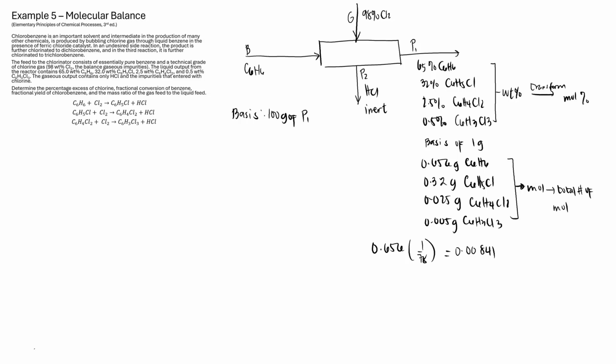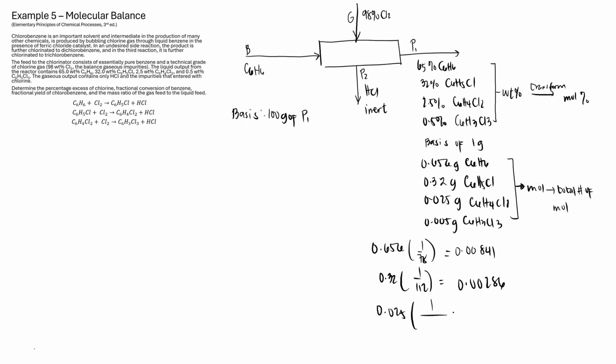C6H5Cl is 72 plus 5 is 77 plus 35 is 112. So that's 0.00286.